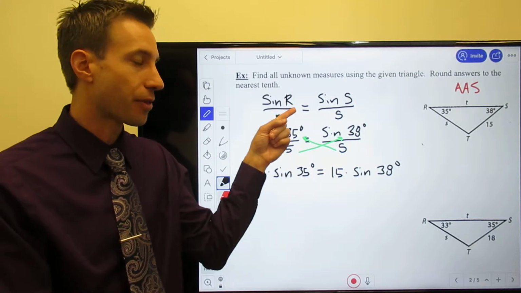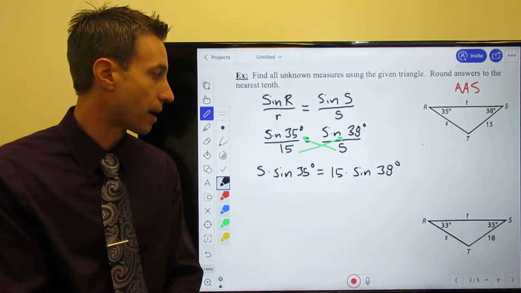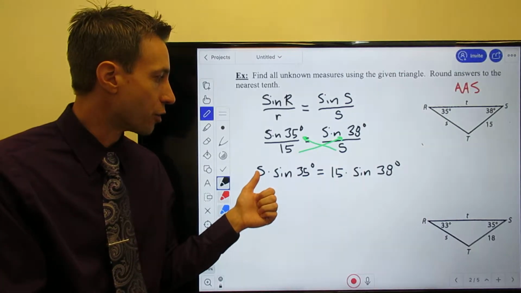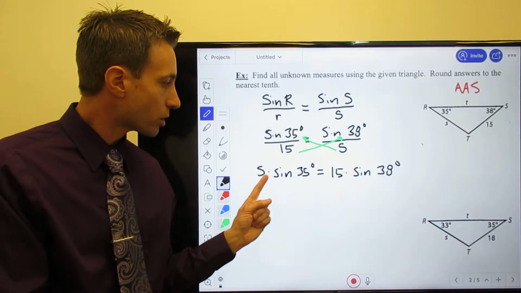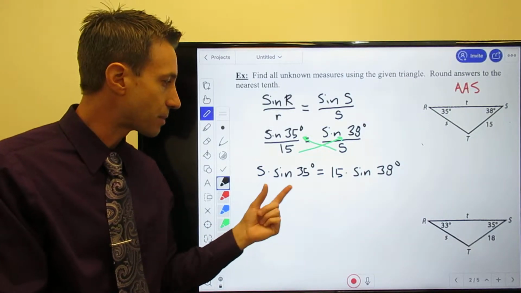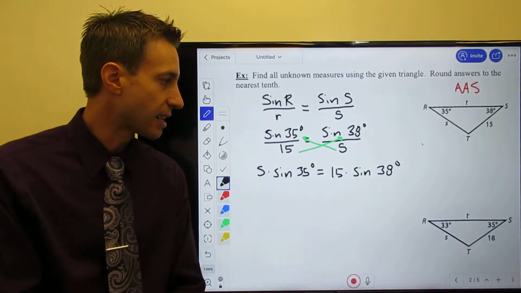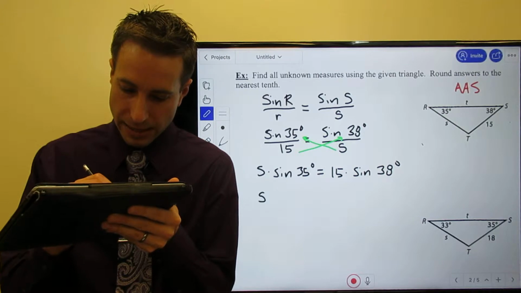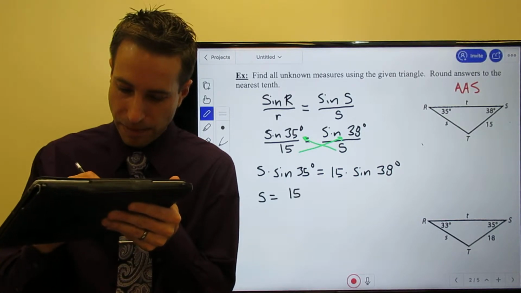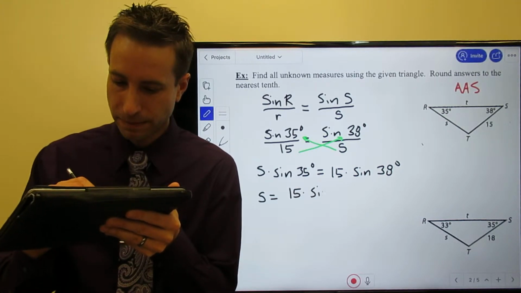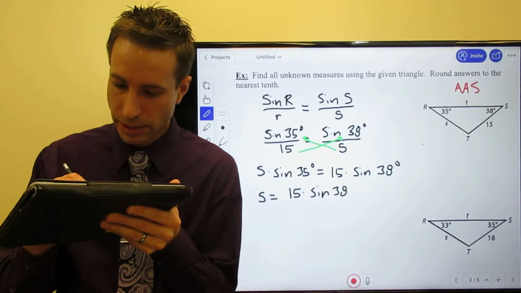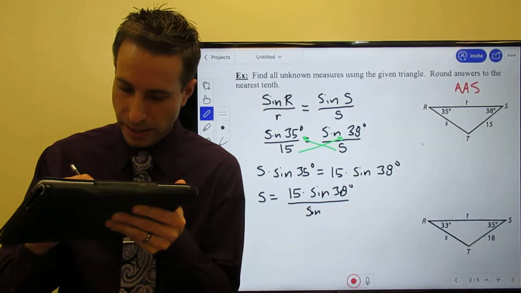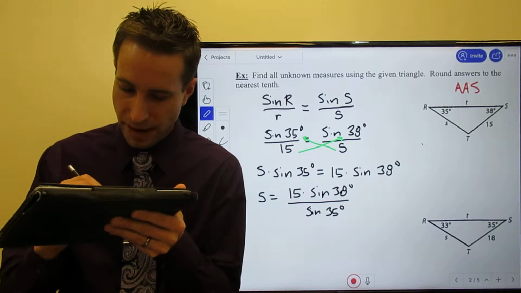This is nothing more than a proportion, and we are solving it for our unknown value, which in this case is S. Since I have multiplication here and I need to get the S by itself, we'll divide the sine of 35 degrees over to the other side, and we wind up with S is equal to 15 times the sine of 38 degrees divided by the sine of 35 degrees.